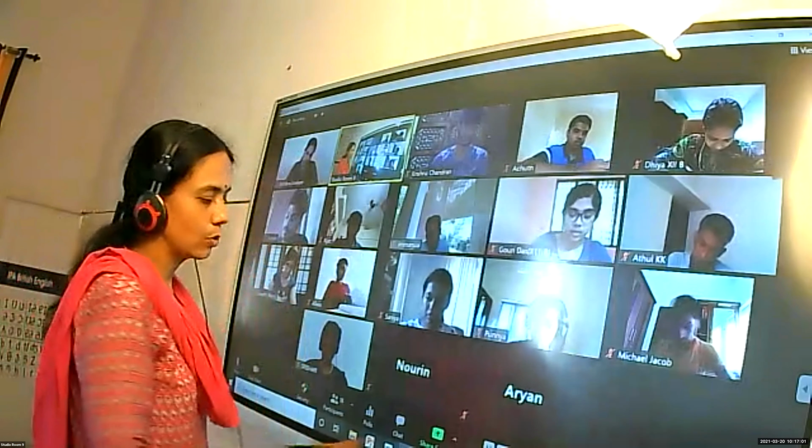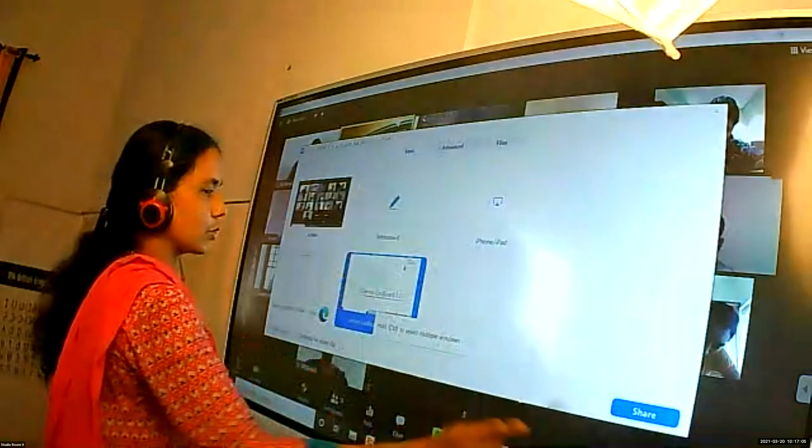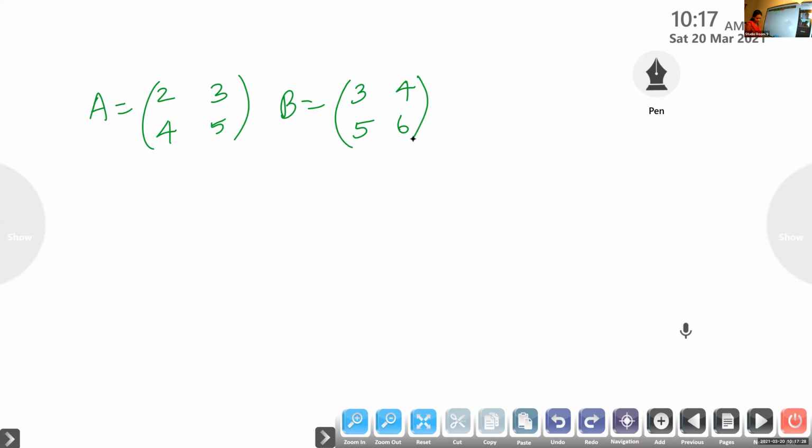A is equal to the 2 by 2 matrix 2, 3, 4, 5. B is equal to the matrix 3, 4, 5, 6.